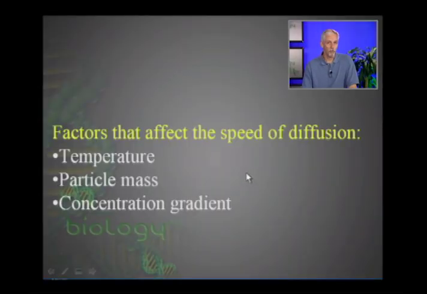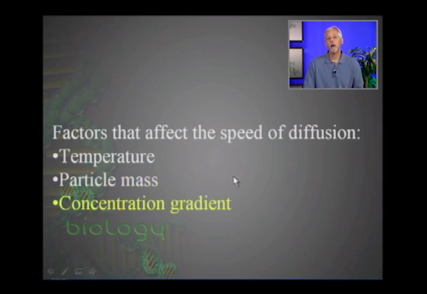And then other factors that can affect the speed of diffusion. One certainly is temperature. Generally speaking, as temperature increases, so does the rate of diffusion. Again, particle mass. The heavier a particle, the more slowly it diffuses, or conversely, the lighter a particle, the faster it diffuses.